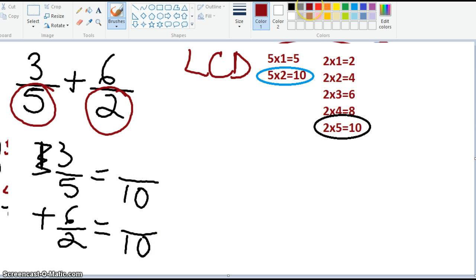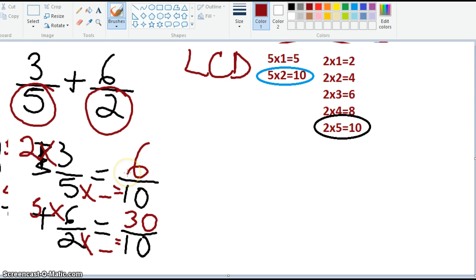And again, I'm going to ask myself, 2 times what number is going to give me 10? Well, it's 5. So I'm going to take 5 times my number here. In this case I did it backwards because I'm doing the bottom, but it doesn't make a difference. 5 times 6 is 30. And 5 times what number equals 10, which is 2. So 2 times 3 is 6.